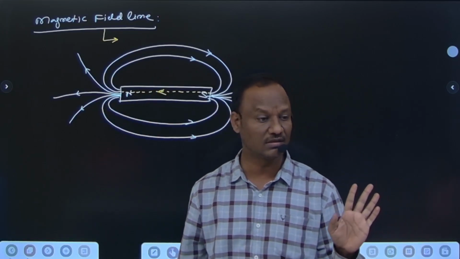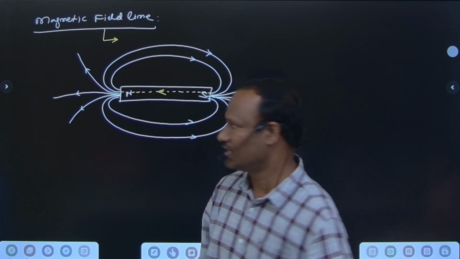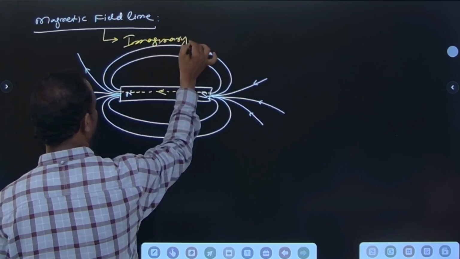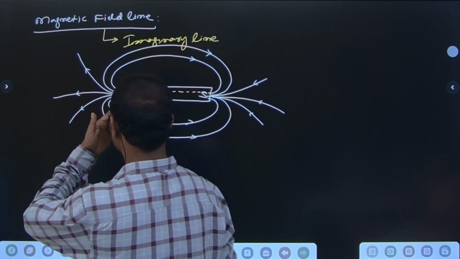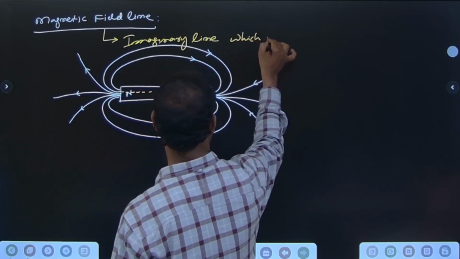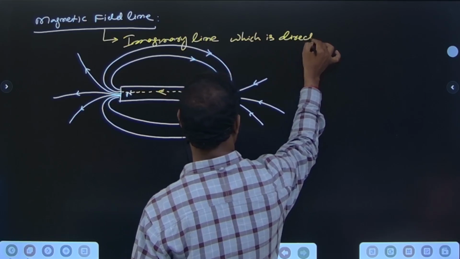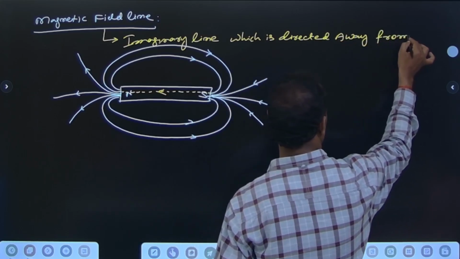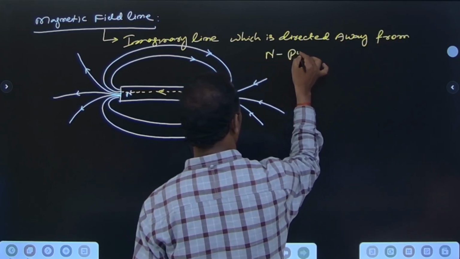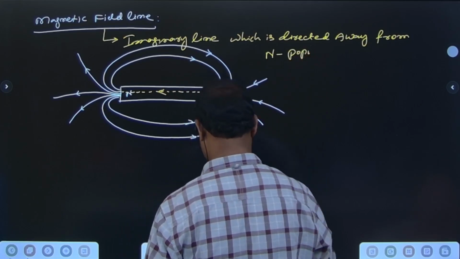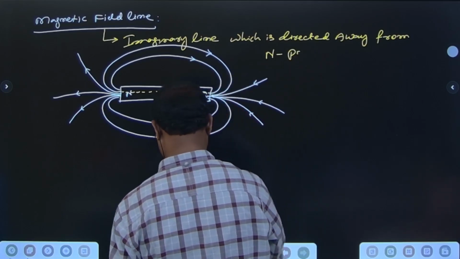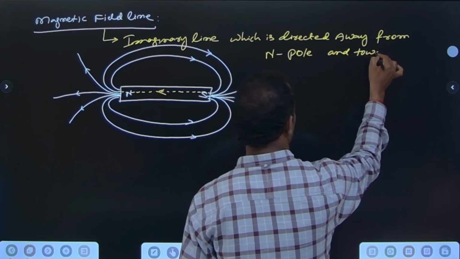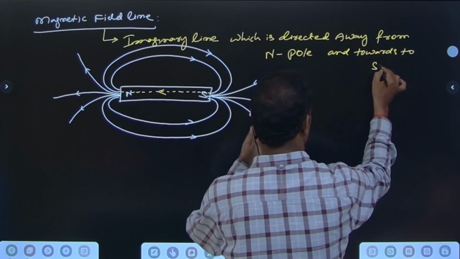You can't see it. So a magnetic field line is an imaginary line which is directed away from the north pole and towards the south pole.